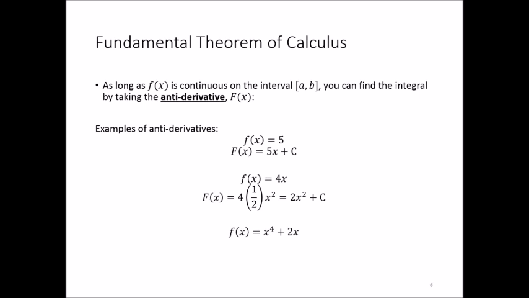I'm going to say, well, x to the 4th, I need to add 1 to the power. I would get x to the 5th. But if I were taking a derivative, I would be bringing that 5 down, so I need to divide the coefficient by 5. So the first term would become 1/5 x to the 5th. And then the second term, you might immediately recognize that as just the derivative of x squared.